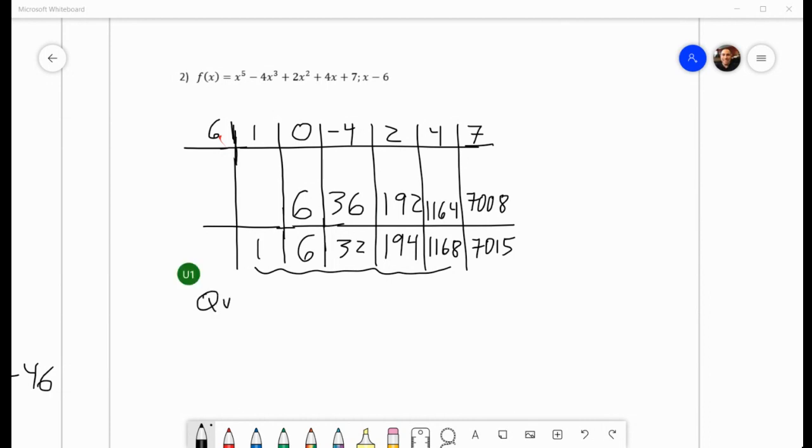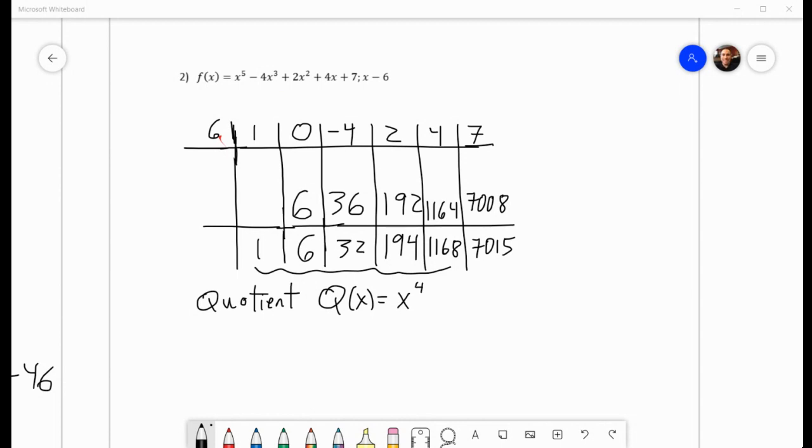So our quotient, q of x, is going to be x to the 4th, because again, the dividend, f of x here, is degree 5. So the quotient's 1 degree less here in synthetic division.